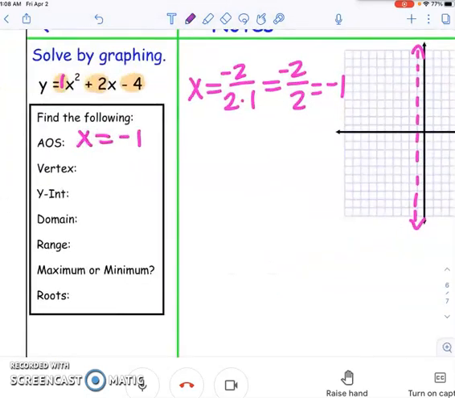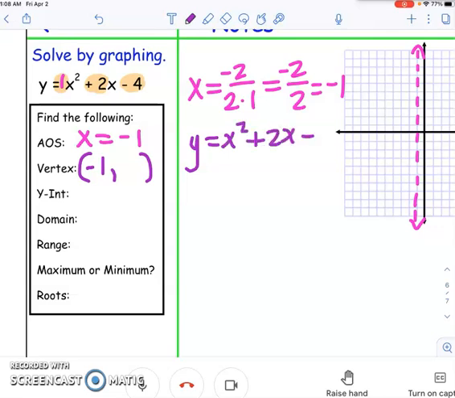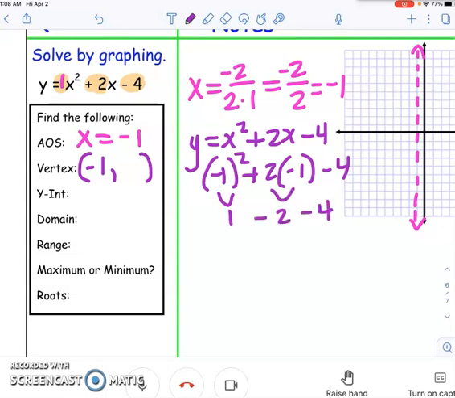And that's the first half of my vertex, negative 1. So y equals x squared plus 2x minus 4. Plug in negative 1 for your x's. Negative 1 squared is 1. 2 times negative 1 is negative 2. So 1 minus 2 is negative 1, minus 4 is negative 5. So negative 1, negative 5 is my vertex.